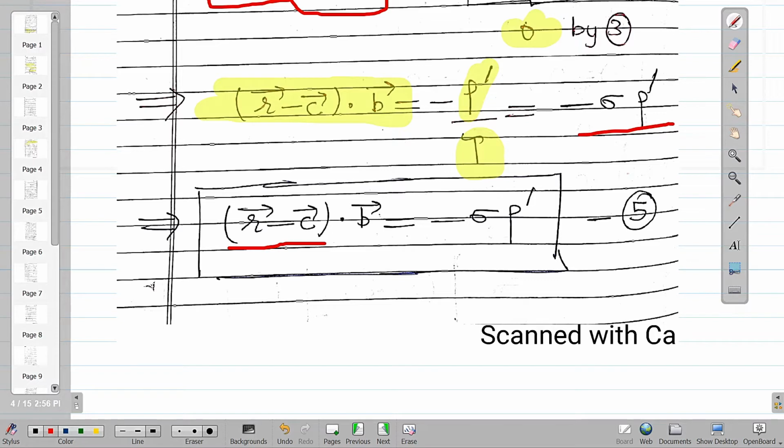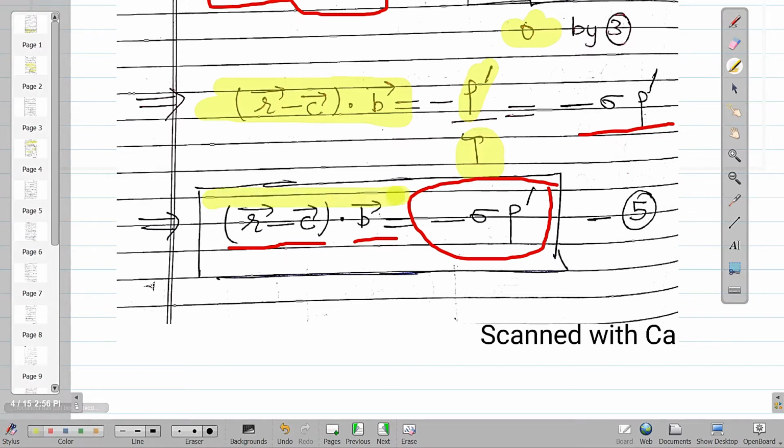That is equation number 5. Again it is very important that we will use later on. So the third, fourth and fifth equations are important and we will use them in the next pages.